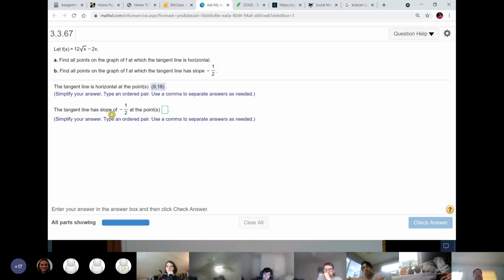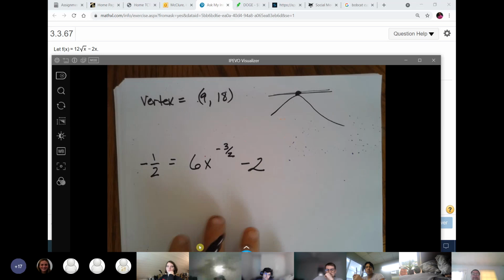The tangent line has a slope of -1/2. So you've got to find -1/2 is equal to 6x to the -3/2 minus 2. All right, y'all do that part.